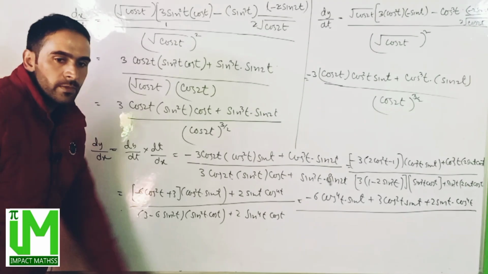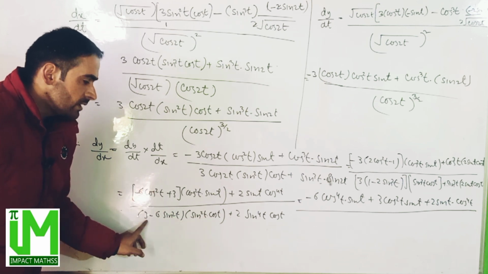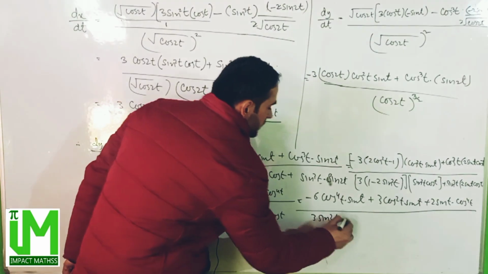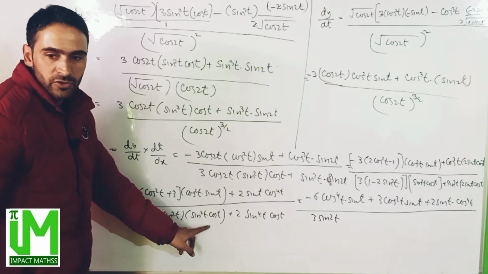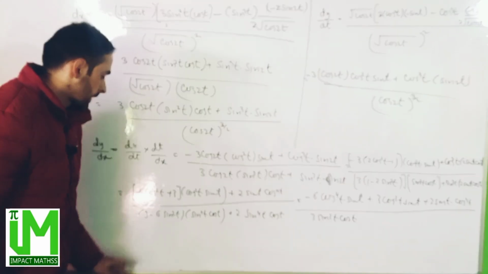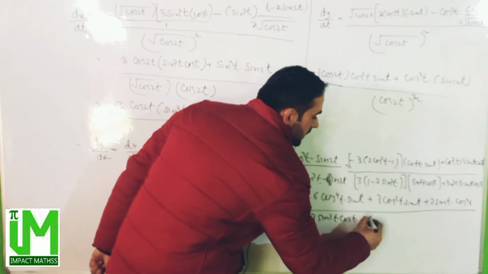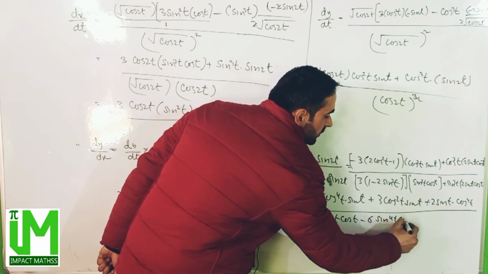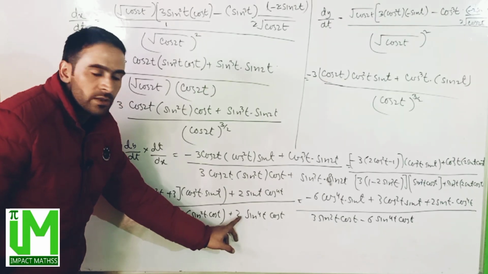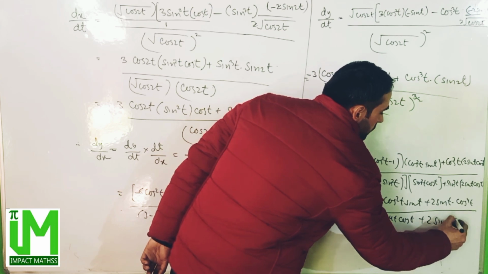Divided by, again multiply these terms: 3 into sin square t cos t, so it will be 3 sin square t cos t. After that minus 6 sin 4t cos t, then multiply, plus twice sin 4t cos t.